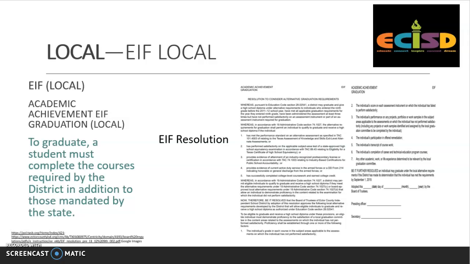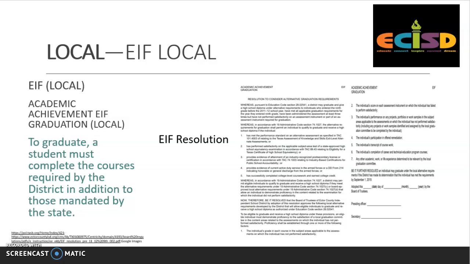Also through the local side is EIF Local. The only piece to EIF Local is very much driven by the requirements from the district and the state, and basically says that the student has to complete the courses required by district in addition to those mandated by the state in order to graduate.